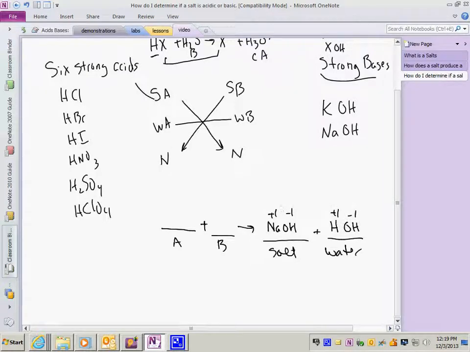And then I'm going to reverse this reaction to figure out what salt and acid base put together to produce this. So go from Na, just reverse the process. NaOH produced this, is my base, NaOH, and then my acid was H.